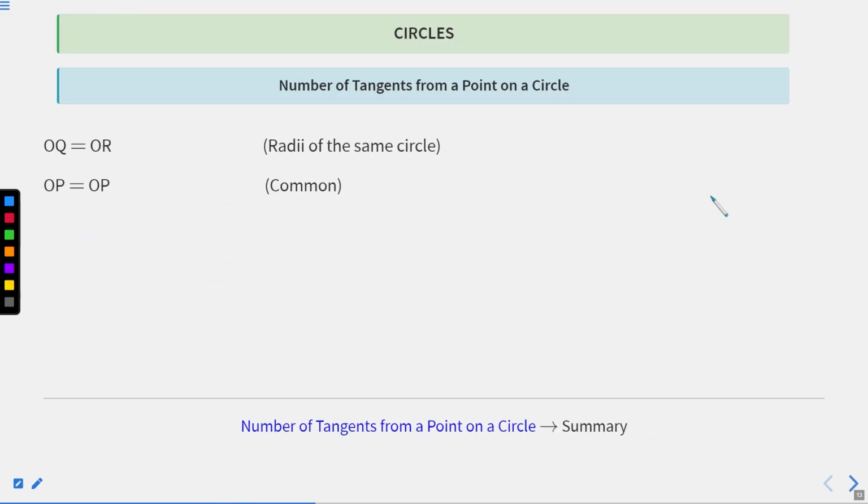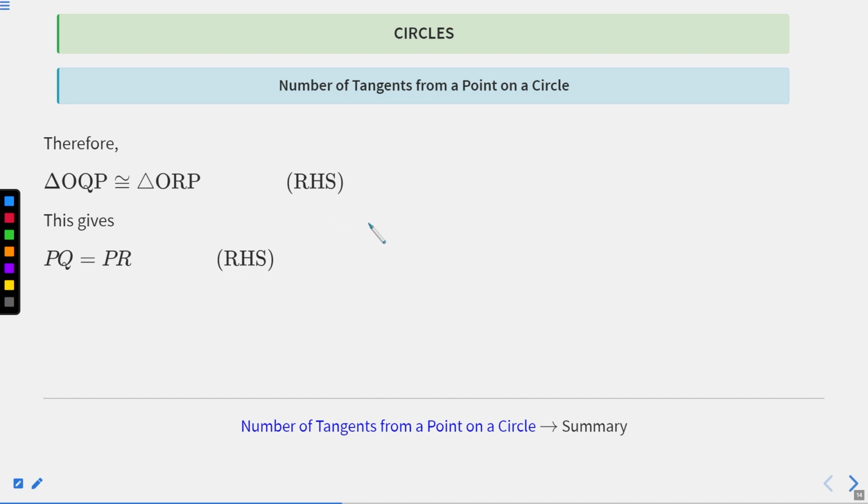And OP is equal to OP because it is common in both. Therefore we can say triangle OQP is congruent to triangle ORP.